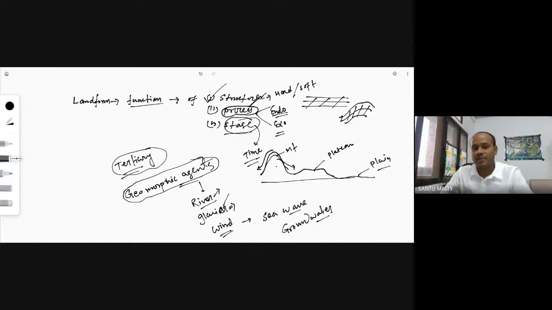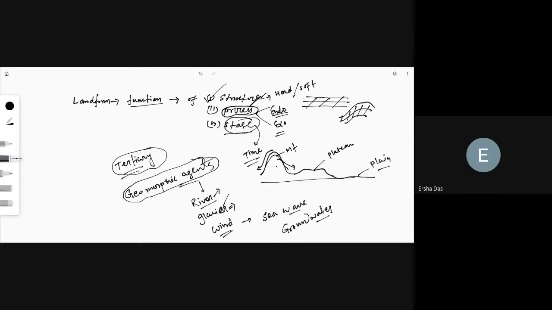So in this way, the landforms and their formation process and evolution process can be explained. Is that clear? Any question? No, sir. Okay.